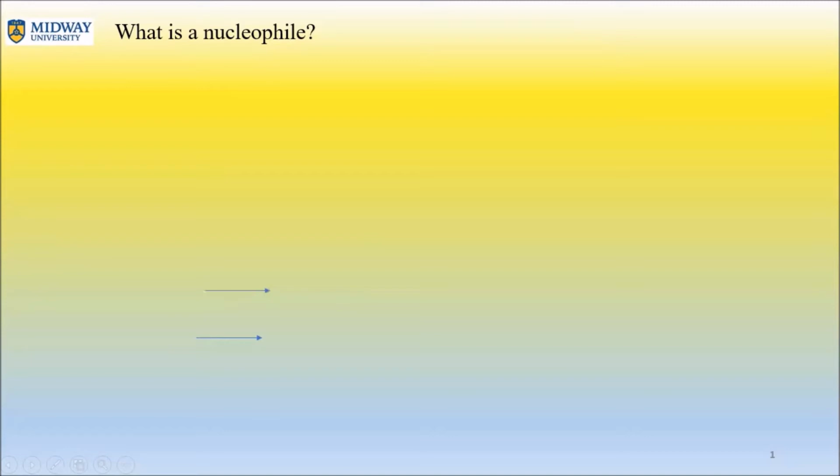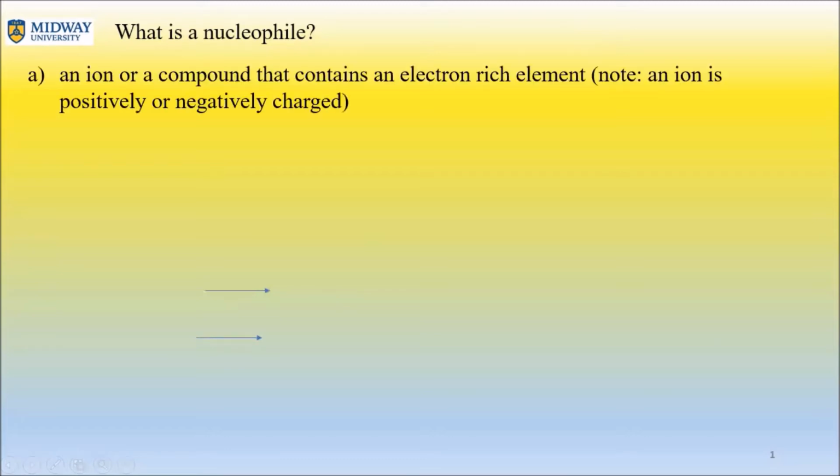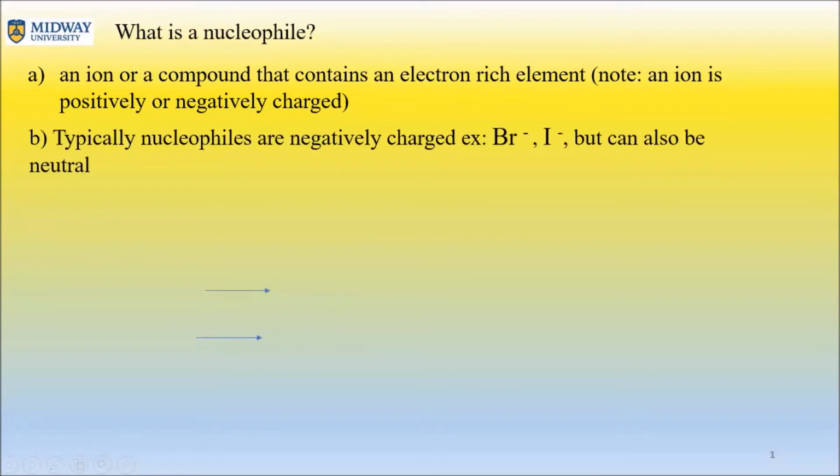And if it's a compound, it could be neutral. So a nucleophile is an ion or compound that is rich in electrons. For something to be a nucleophile, it must be electron rich. Typically nucleophiles are negatively charged, but can also be neutral.